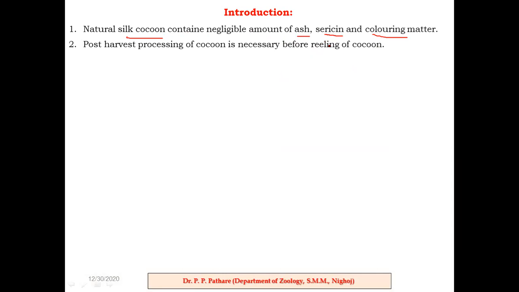So we remove this matter from the cocoon to produce quality cocoon, because we want only healthy and good quality cocoon for marketing. I hope you understand.